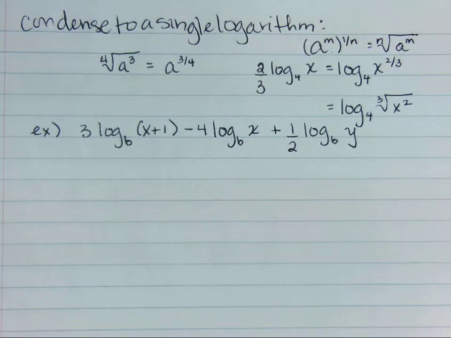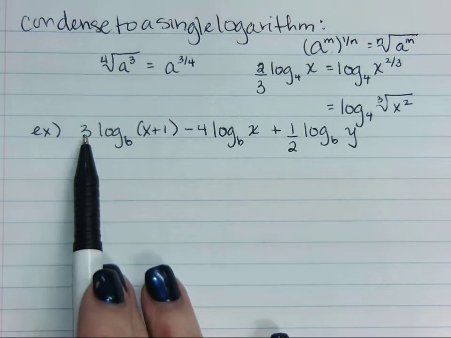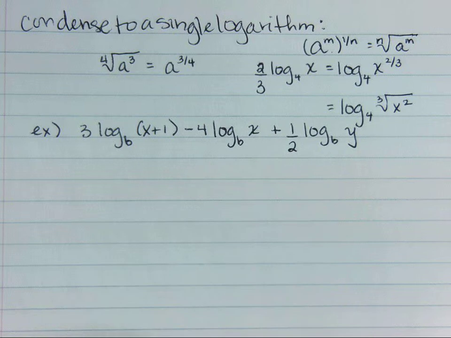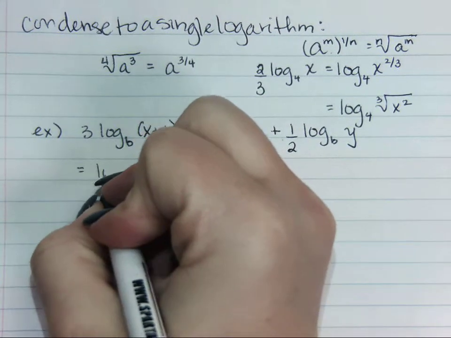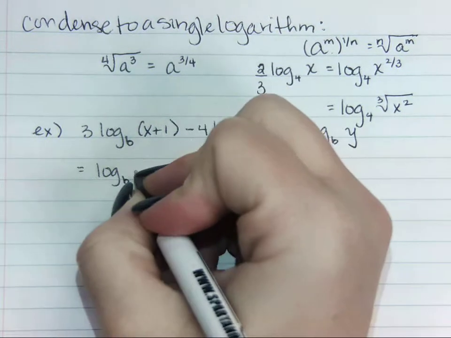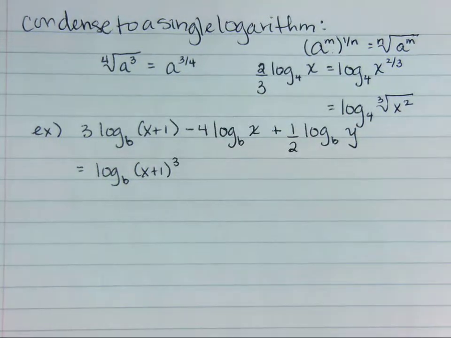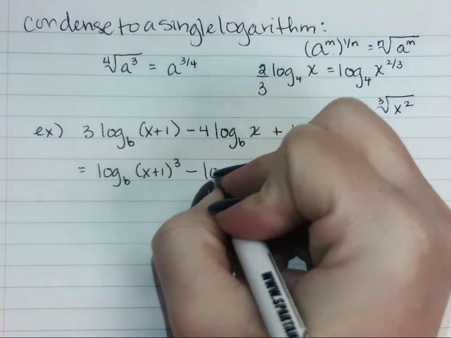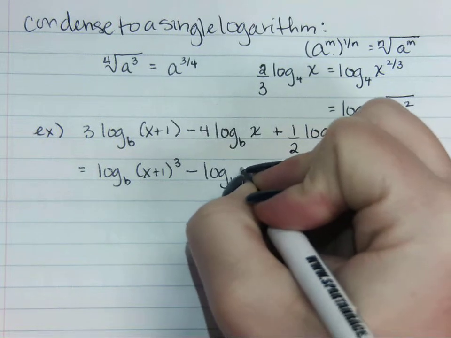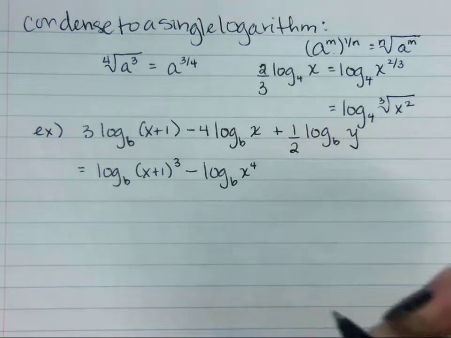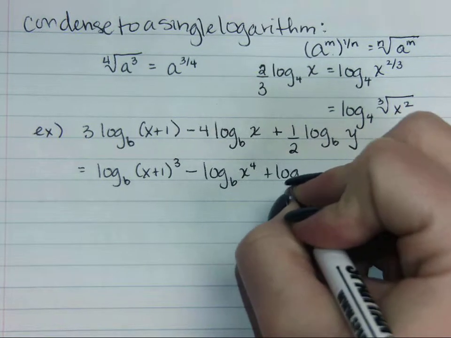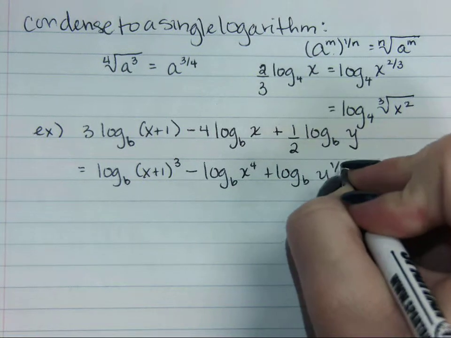So my first step really needs to be putting any of these numbers out front as a power. And so that's going to give me log base b of x plus 1 to the third power minus log base b of x to the fourth power plus log base b of y to the 1/2.